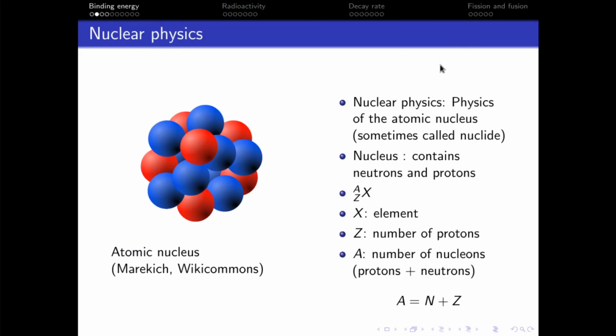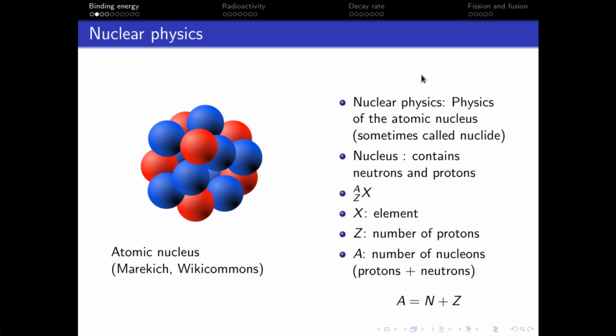First, as stated, nuclear physics is the study of the nucleus of the atom. So a nucleus is made mostly of two types of particles, neutrons and protons. Protons being positively charged, neutrons being neutral in charge.